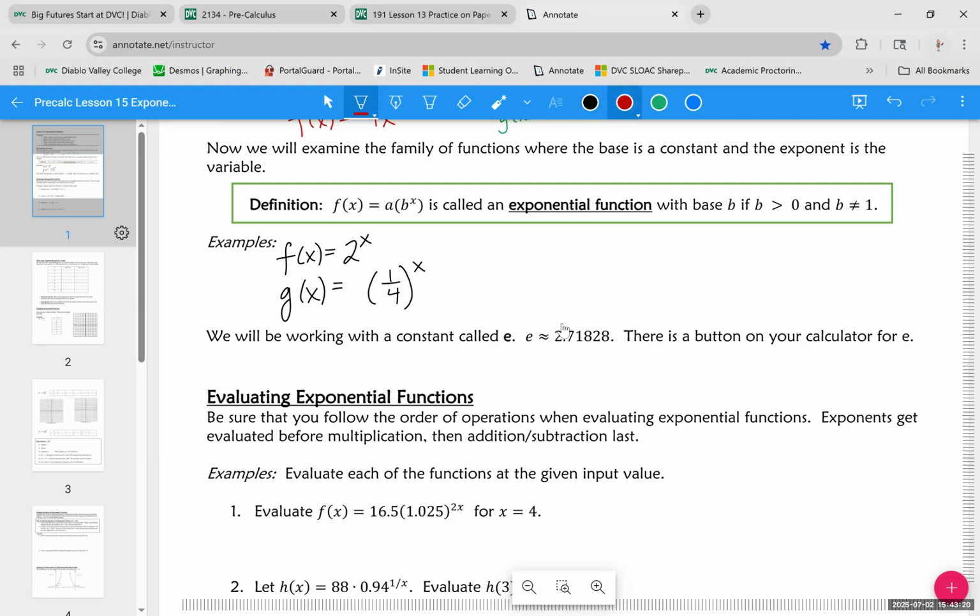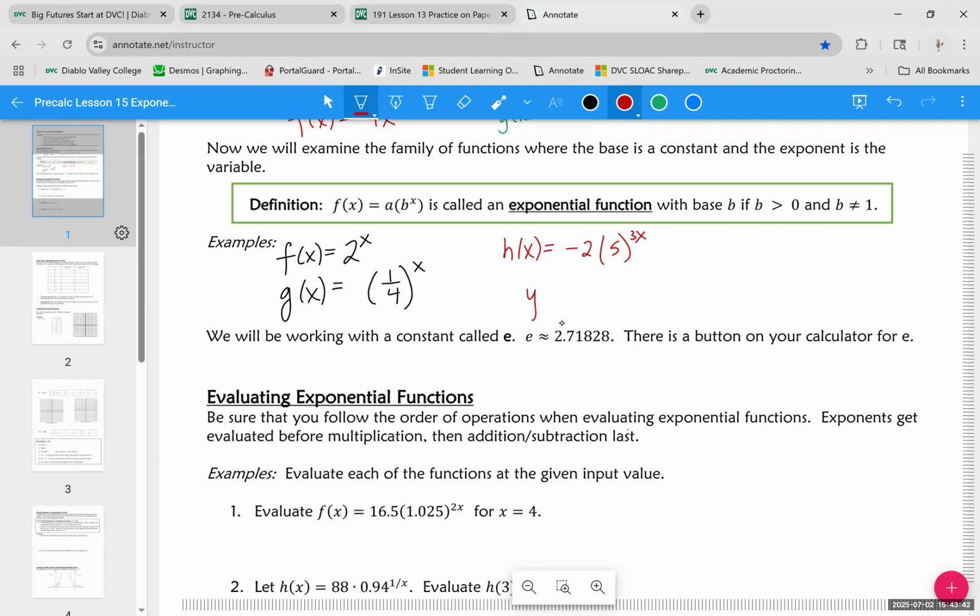But we do expand upon those, and we would still consider something like -2 times 5 to the 3x. That's technically still considered an exponential function, even though it's a little bit more than just to the x power.